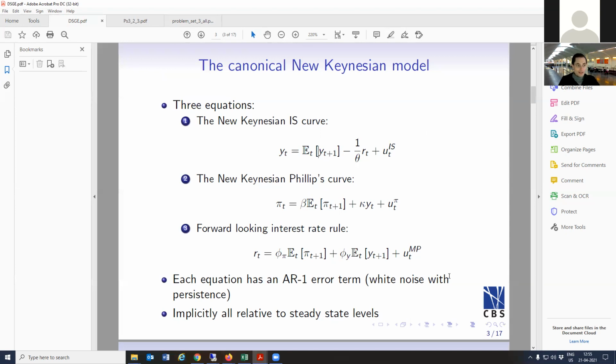When we were looking at this model in class, we kind of shut these things down. We just said, okay, these are equal to 0. But if you're going to do a better job, then these things are not 0. And if you have persistent shocks, things become a little more complicated.